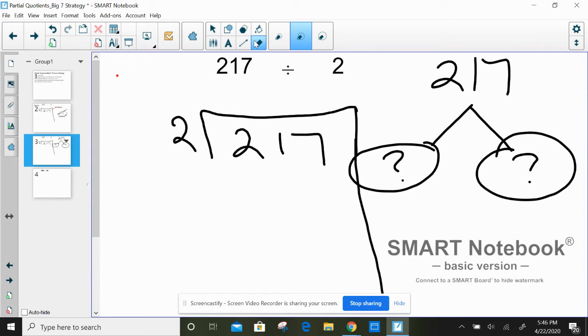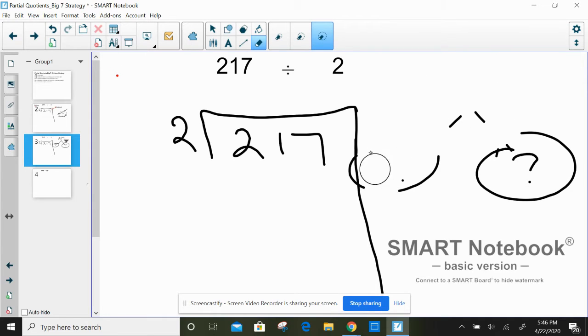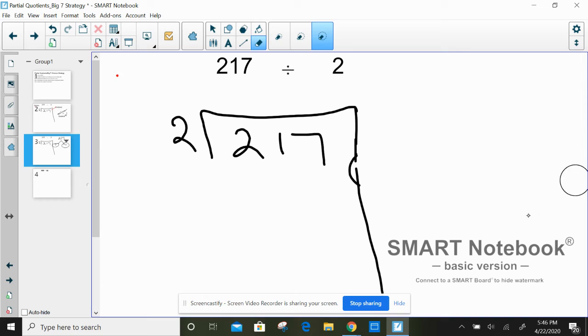What's really cool about partial quotients is that basically you're multiplying your way through dividing something. So you're dividing something by multiplying numbers you're already comfortable with, which I think is really cool, especially if you hear the word multiplication or division and you think, that sounds so scary. This is the least scary way to divide, okay?